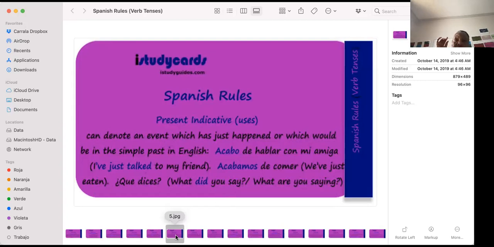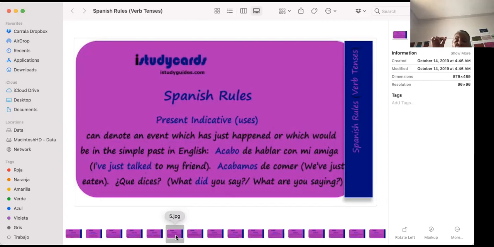So which would either be in the present perfect in English, or would be in the simple past in English, the pretérito. Acabo de hablar con mi amiga. I've just talked to my friend. Where in English you use the present perfect, you're using just, an action that just finished, the immediate past.